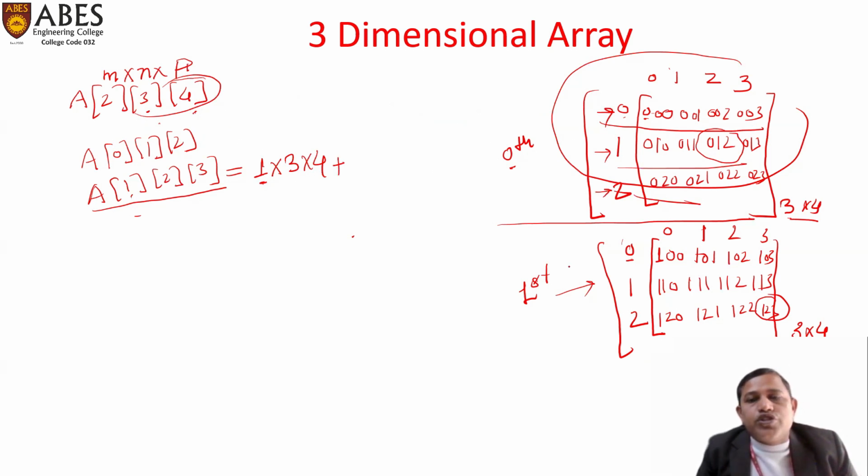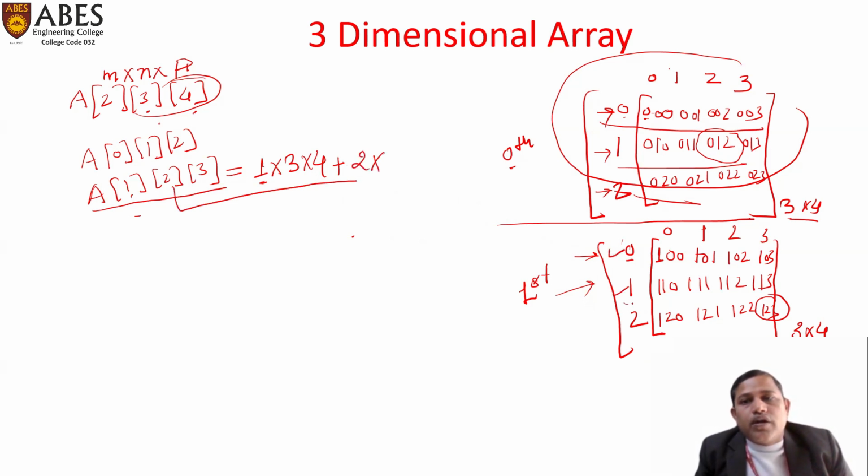Plus, now that you have reached this two-dimensional array, you skip two rows, this row and this row, and reach this location.